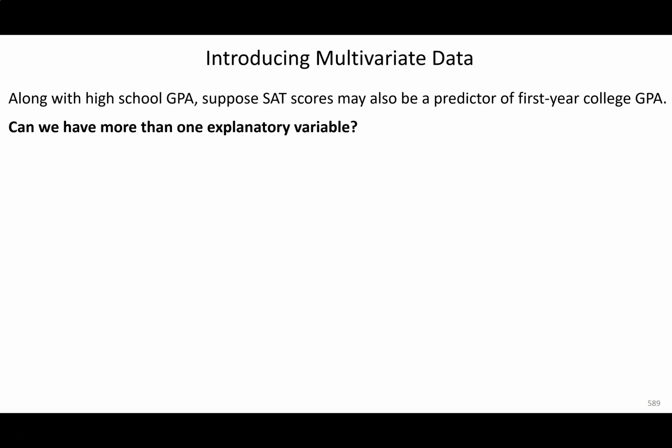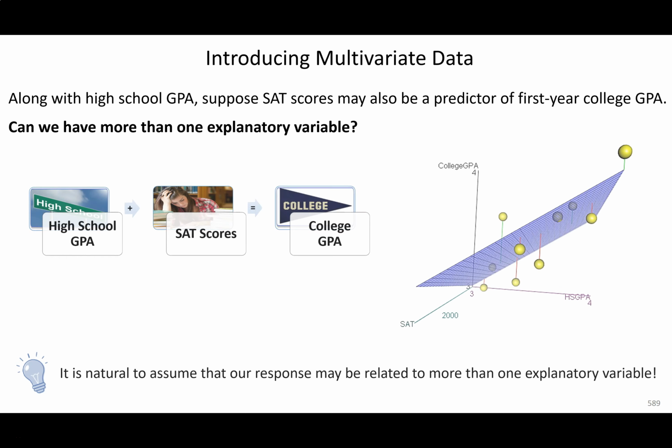So suppose, because the example that we were using in week 8, we were looking at high school GPA predicting first year college GPA. SAT scores might also be a predictor of first year college GPA. So can we have more than one explanatory variable? Absolutely. You want to be careful though, because on occasion they can be related to one another and you want to be careful there.